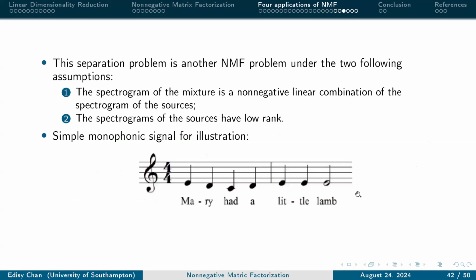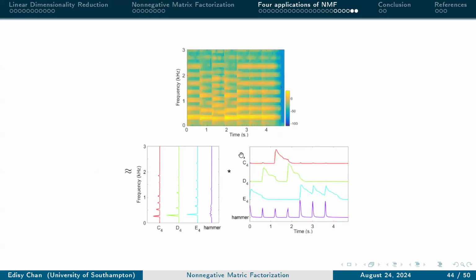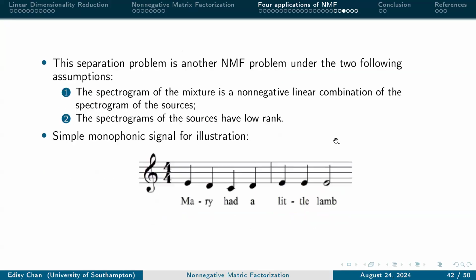I will talk about this later, but I would like to show you the picture first. This is how we want to deal with the signal. In this case, we're talking about a simple example, the Mary Had a Little Lamb music.